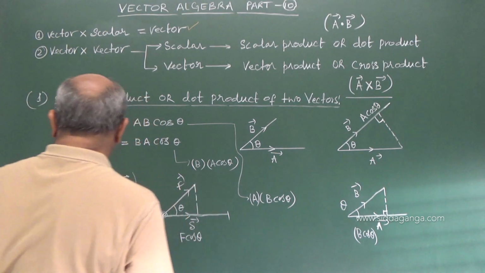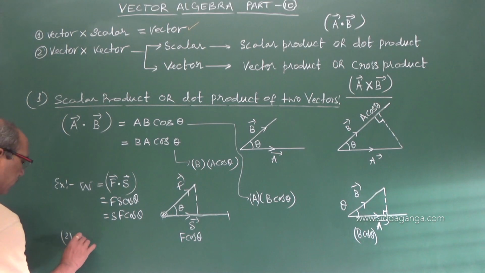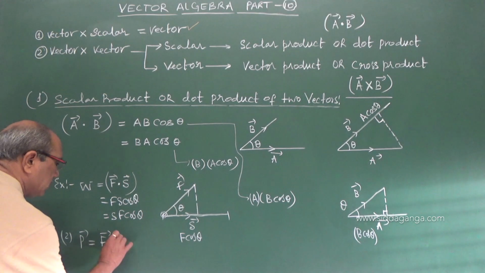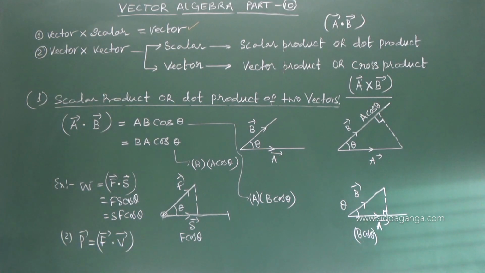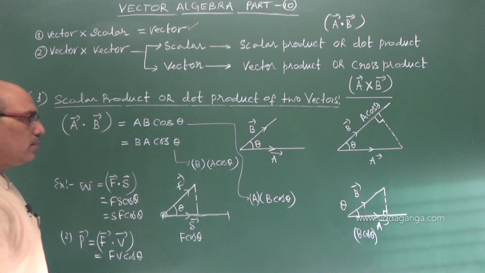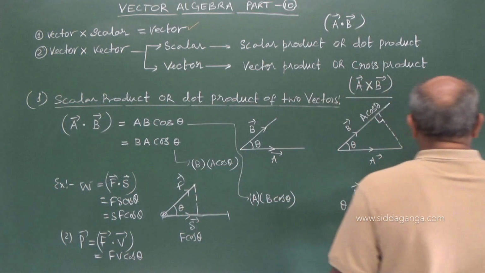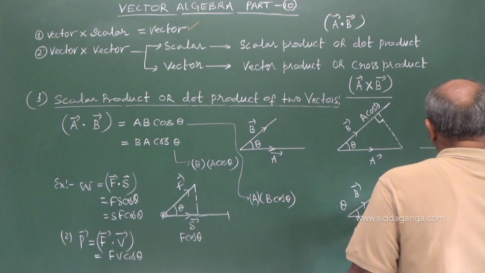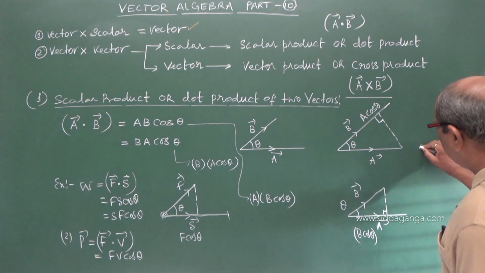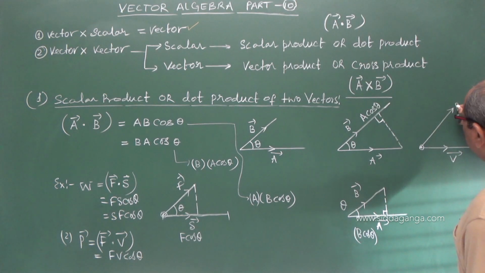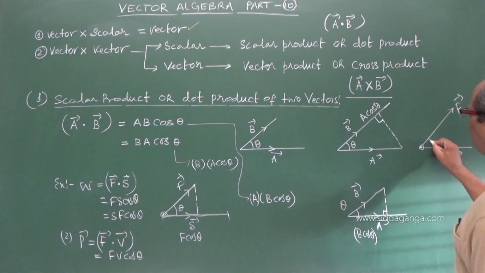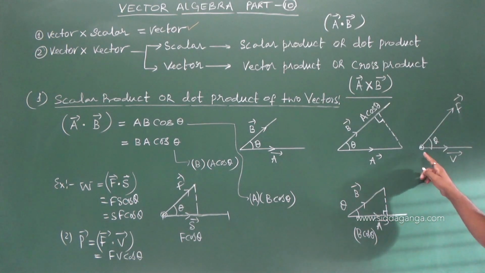Similarly, the second example I can take is power. Power also you have studied, the power of a machine is F dot V. So here also we can write it as Fv cos theta. V is the velocity vector, the direction the particle is moving. For the power of the engine or machine, the force F is acting in some direction, and that is not effective for the power measurement.